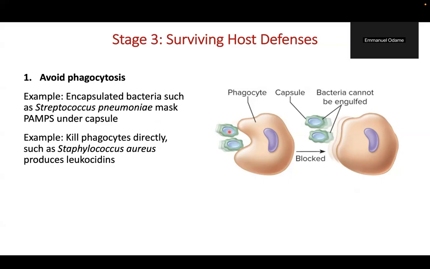It just cannot do it. We also have some situations, specifically in Staphylococcus aureus, where it goes ahead and kills the phagocyte directly by producing leukocidins targeting the phagocytic cells, killing them instead of the phagocytic cell killing the Staphylococcus.